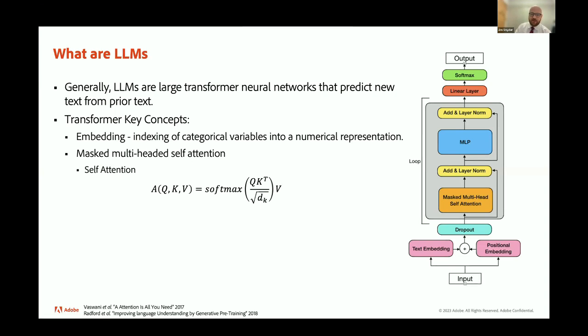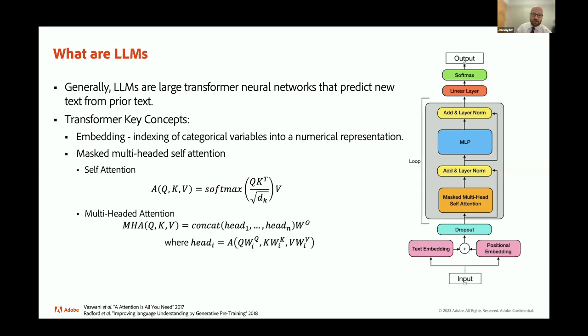Now, actually, if you just use this, the performance of transformers isn't really any better than recurrent neural networks. And so the other key innovation was to use multi-headed attention, which involves a bunch of these operating on different replicas of the input that allow it to learn more complex functions.